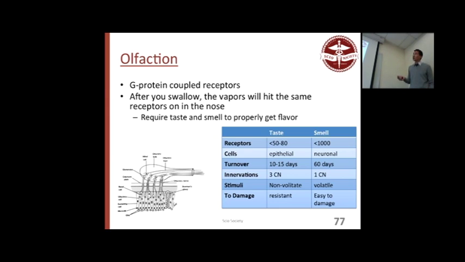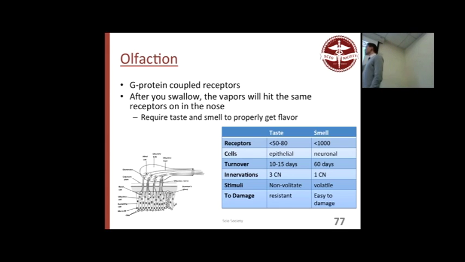Main thing here: epithelial cell origin versus neuronal. This is one of the main points. For sure, you have to know that. And you do have to know what the turnover is. This turnover refers to the whole epithelial cell being renewed, but how often are your taste cells being replaced? 3 hours.